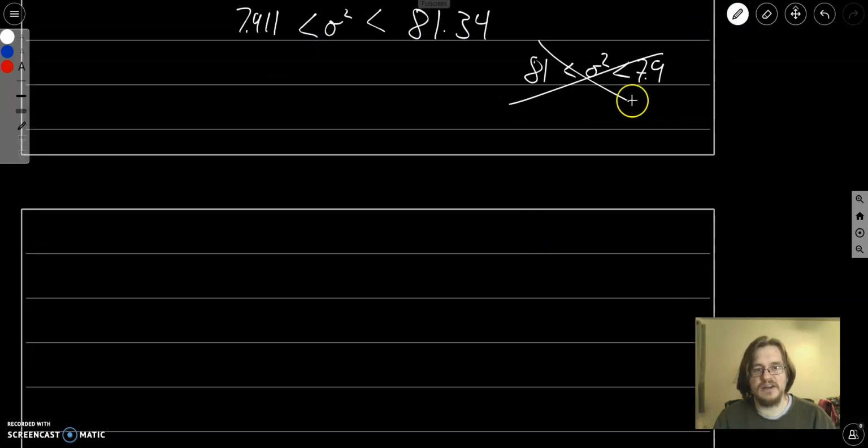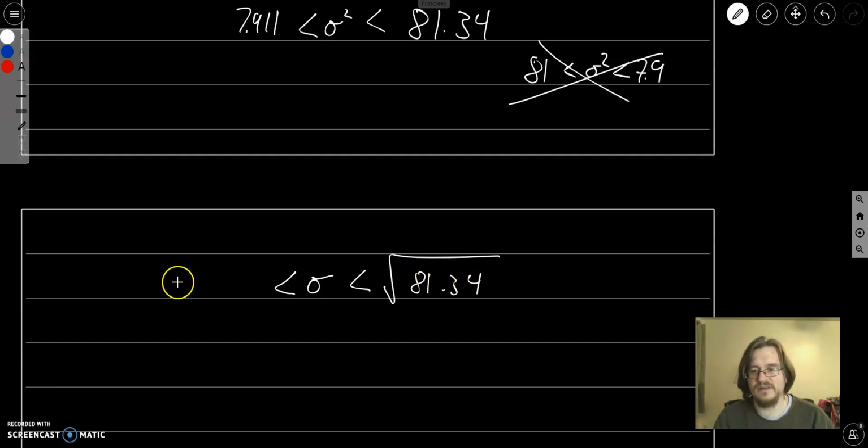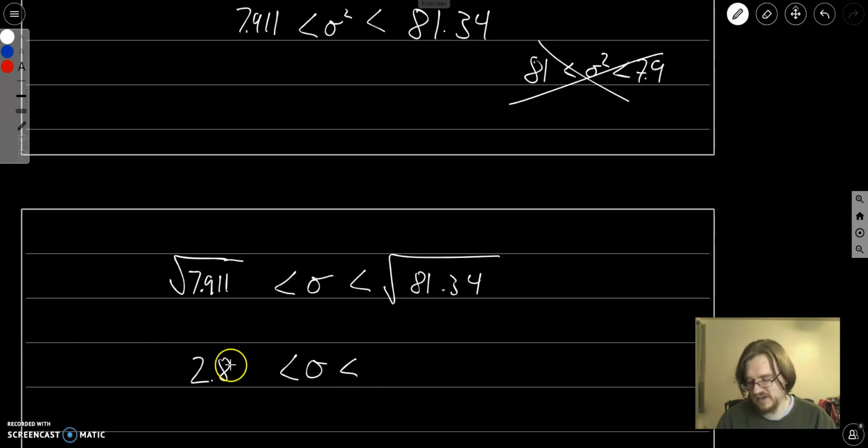The standard deviation, on the other hand, the population standard deviation, is just going to be the square root of both sides. So after we take the square root of both sides, we'll see that our standard deviation should be between about 2.813 and 9.019.